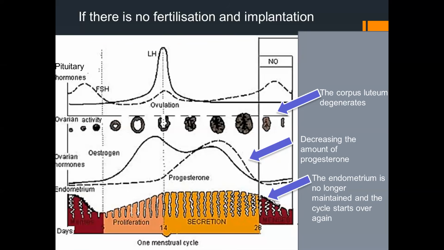So as a result, the endometrium is no longer maintained. If the endometrium is no longer maintained, it now starts to shed and break up, which is menstruation, and therefore we start the cycle again back to day one. Remember, it's a cycle. It doesn't end at day 28. After day 28, it goes back to day one. That is a cycle.